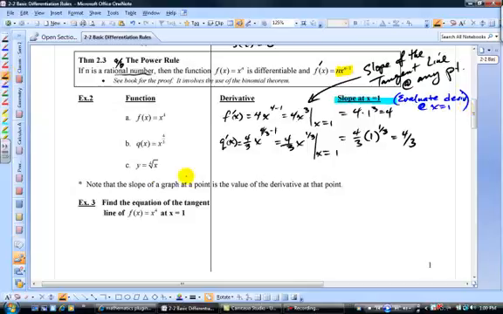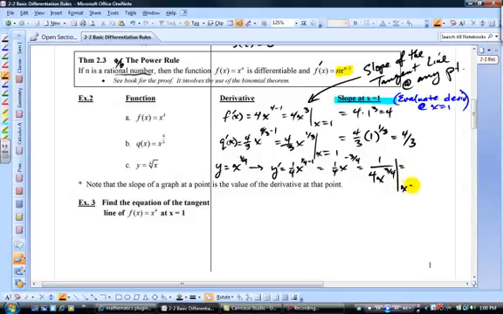And then the third one here, you've got a root function. You're taking the fourth root of x. So what you want to do is rewrite it exponentially. So you write it as x to the 1/4, and then you apply the power rule. Here we have y prime is equal to 1/4 times x to the 1/4 minus 1, which is 1/4 times x to the negative 3/4, which is the same as 1 divided by 4 times x to the 3/4 power.